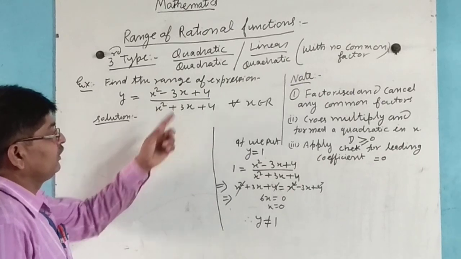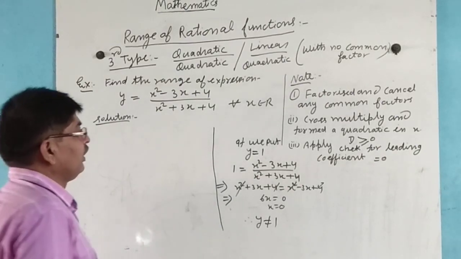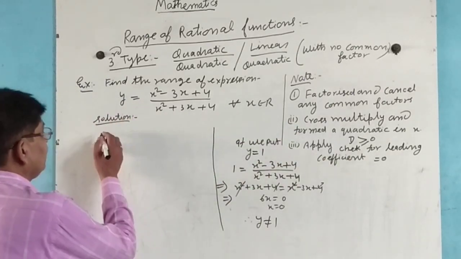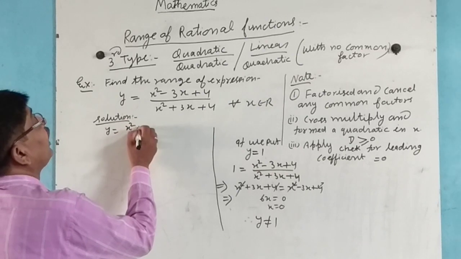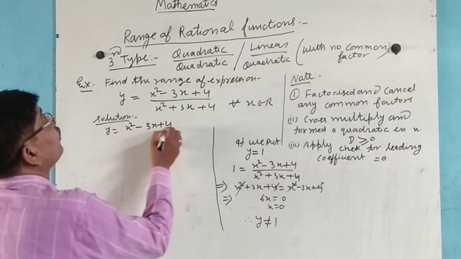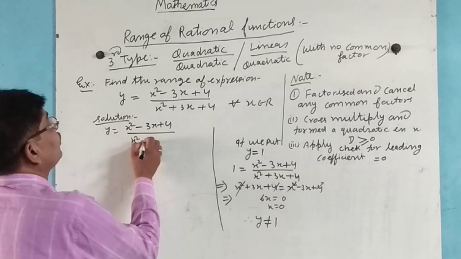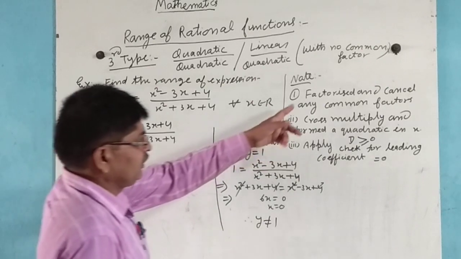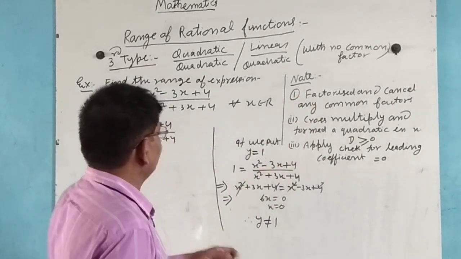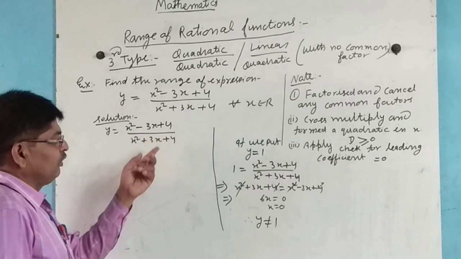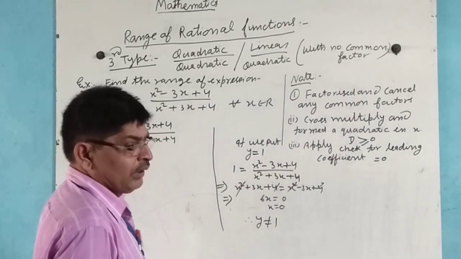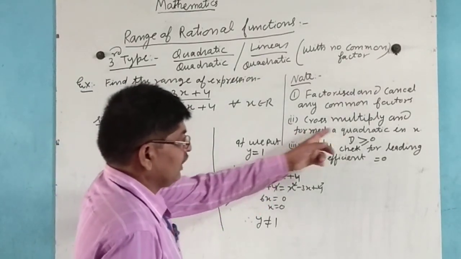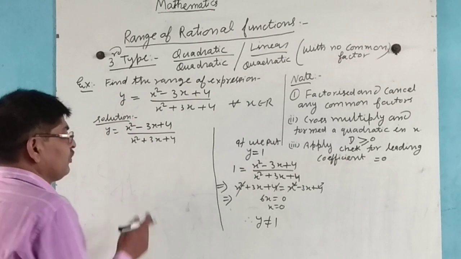If you factor it, there are no common factors, and now solve this: cross multiply y equal to x square minus 3x plus 4 divided by x square plus 3x plus 4. First case not applicable because here no common factors, and now second, cross multiply and form quadratic equation in x.